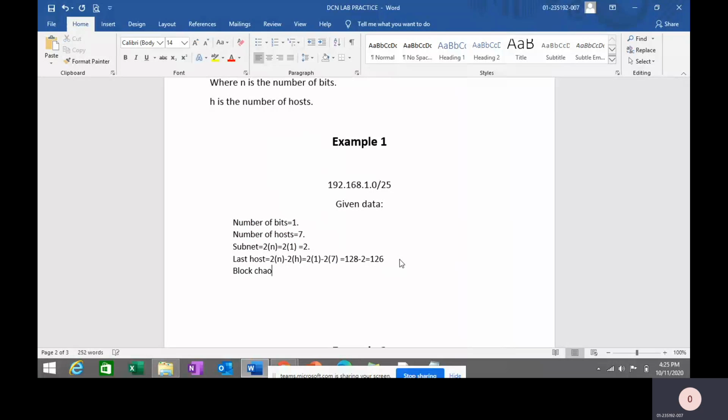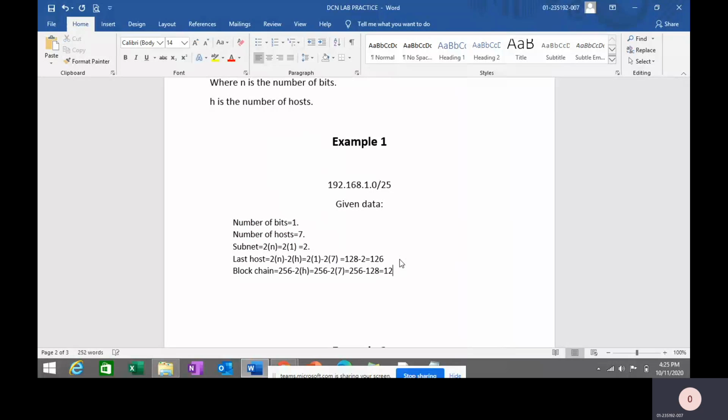That is 256 minus the hosts that we have used, 256 minus 128.